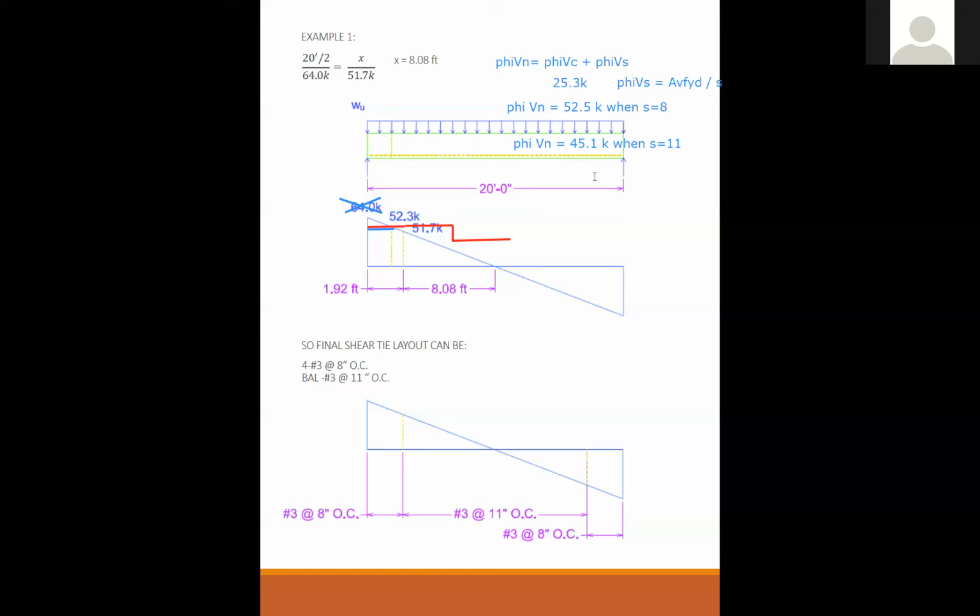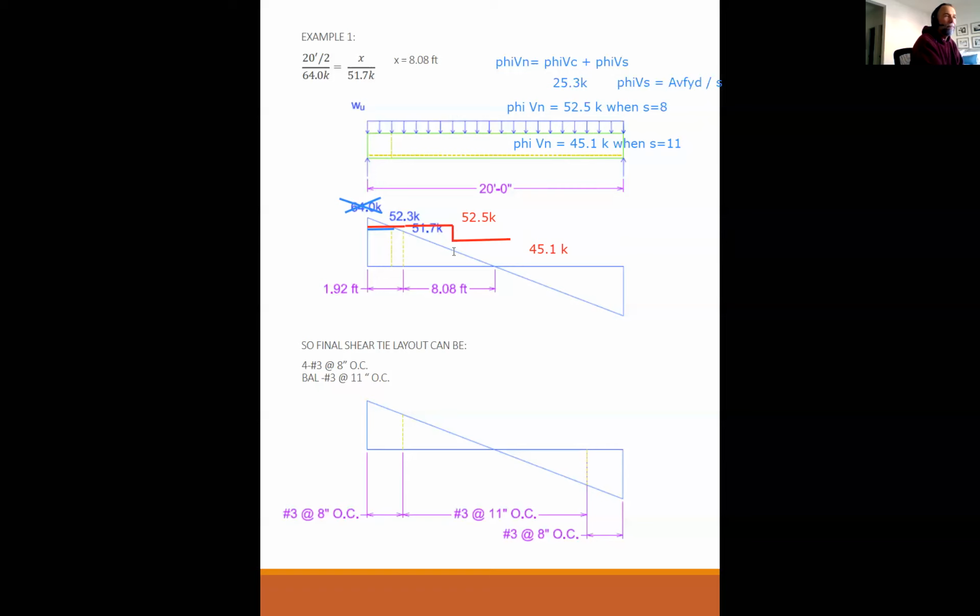Okay, great. So then what I did is I plotted this. Let me change my color so this correlates. The height of this horizontal line right here is 52.5 kips, and the height of this horizontal line right here is 45.1 kips. So I drew a plot of these two values.